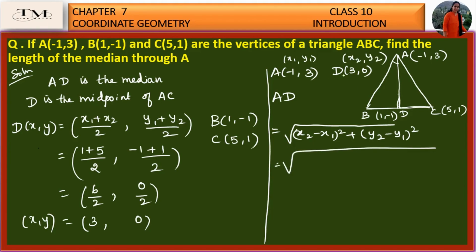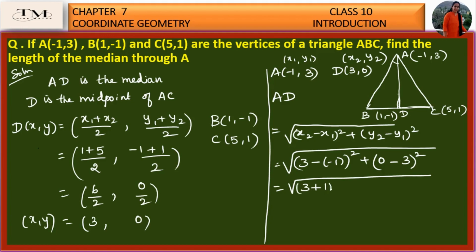So what is x2 minus x1? 3 minus x1 is minus 1 whole square plus, I'm sorry children, y2 it is 0 minus y1 is 3. So 0 minus 3 whole square. So square root of 3 minus minus 1 is 3 plus 1. Minus into minus is plus. So 3 plus 1 whole square plus 0 minus 3 it is minus 3 whole square.